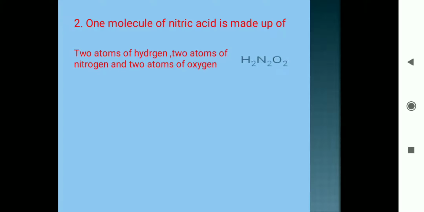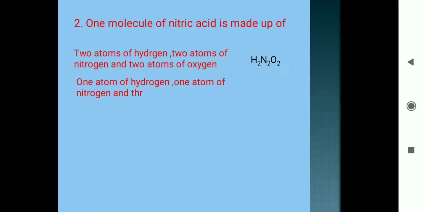Second option, if you observe, here we got 1 atom of hydrogen, 1 atom of nitrogen and 3 atoms of oxygen. The formula will become like this: HNO3.